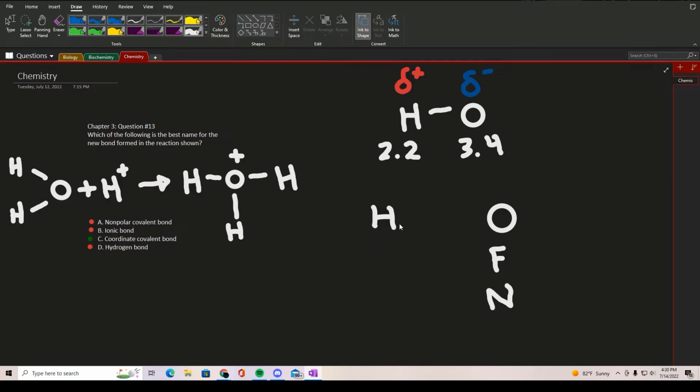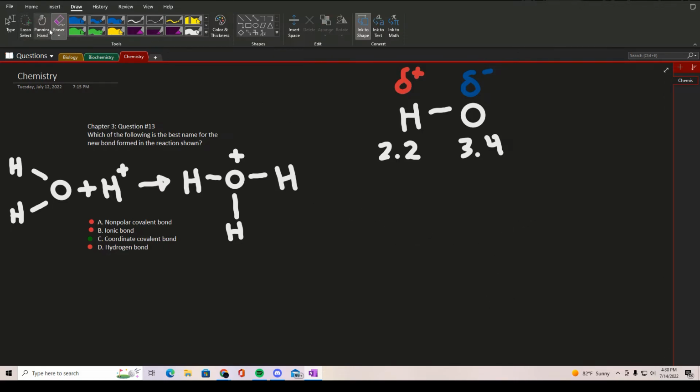Typically whenever hydrogen is bonded to any of these 3 atoms, it is a hydrogen bond because these atoms are very electronegative. And that's actually what we see here. Hydrogen bonded to oxygen. But coordinate covalent bond is a more specific and better way of classifying the bond formed in this reaction, and I'll show you why right now. Let me just erase this real quick.